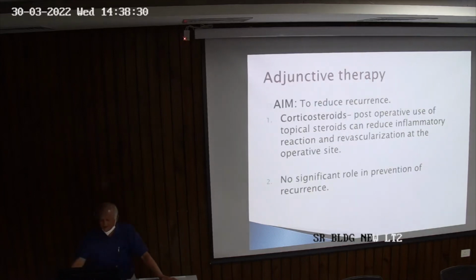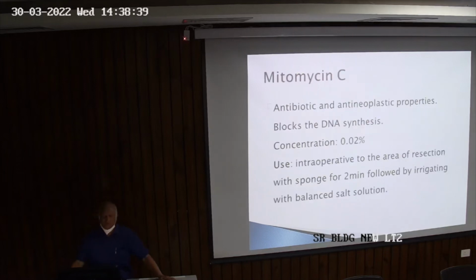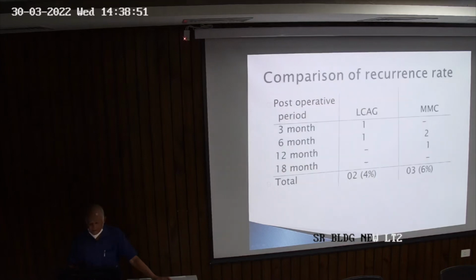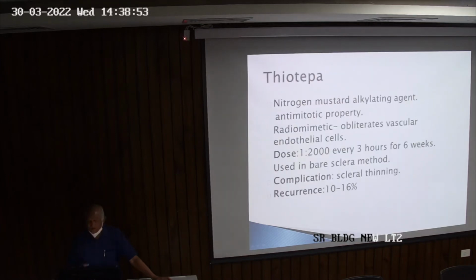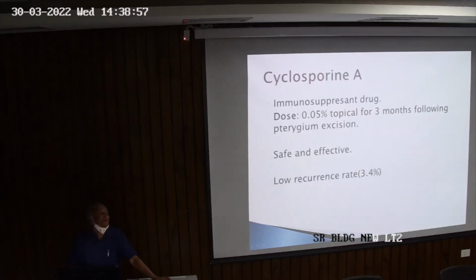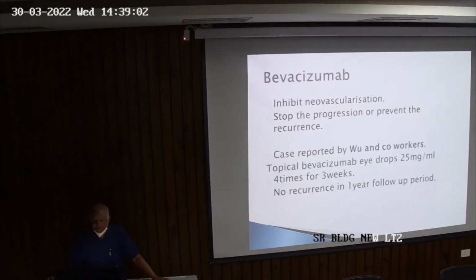Adjuvant therapy, corticosteroids: how can we start? They have no significant role in prevention of recurrence. Recurrence is not going to stop with steroids. Mitomycin, I told you, after excising we can start that anti-mitotic activity, but there are many side effects of mitomycin C. Thiotepa, irradiation, and cyclosporin A also have anti-mitotic activity that we can start.